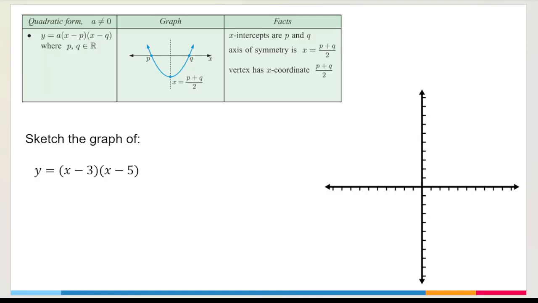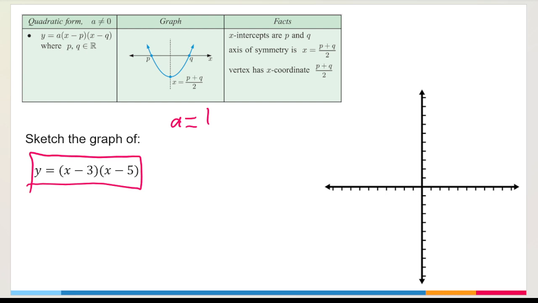So if we're sketching a graph of what I would call a relatively simple quadratic, we've got this in factorized form. The things that we need to take into account, first of all, is whether we have a coefficient at the start, and although there's not a visible one here, the coefficient, which we call a, would just be equal to 1.